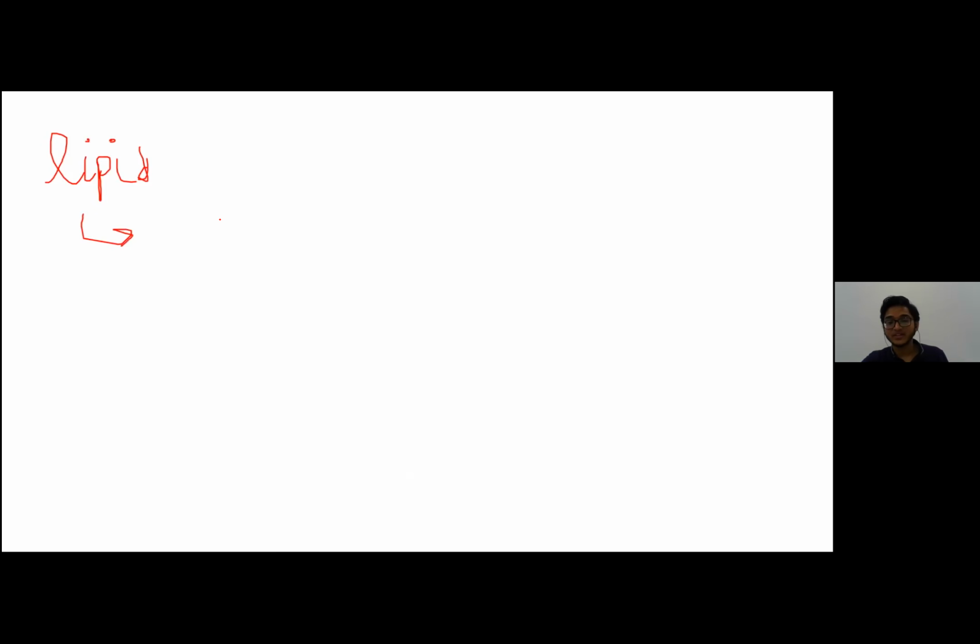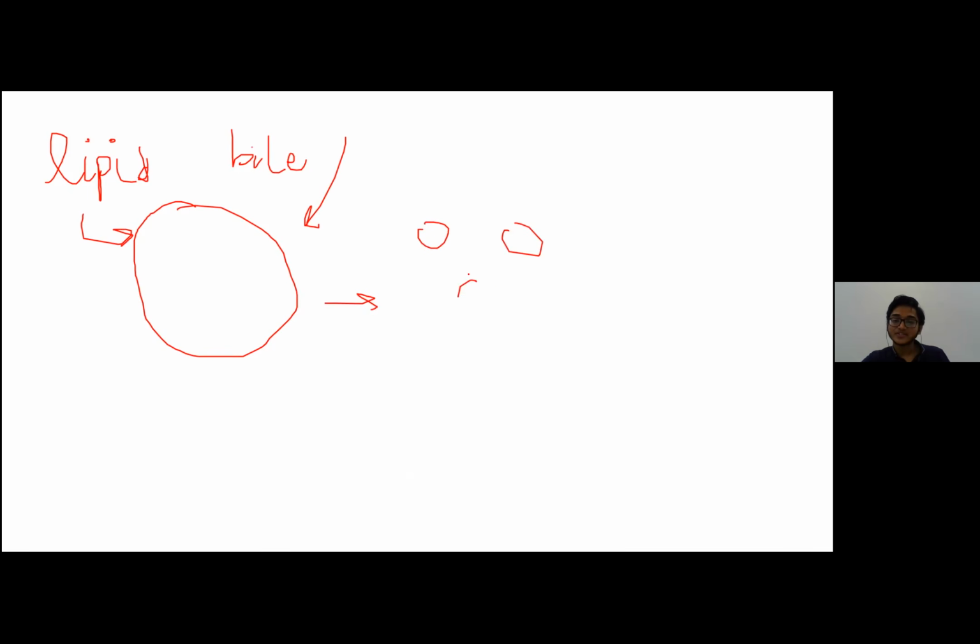The problem with lipids is that they're just too big to digest. You can't digest this because it's just too big. The surface area is very low. What bile does is that it breaks up this big lipid into small pieces.